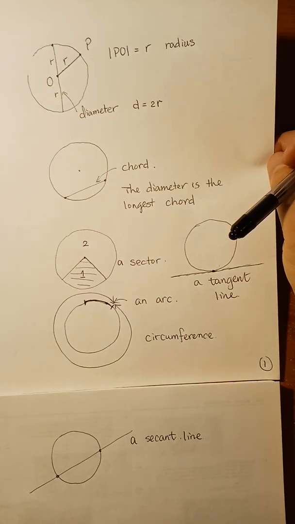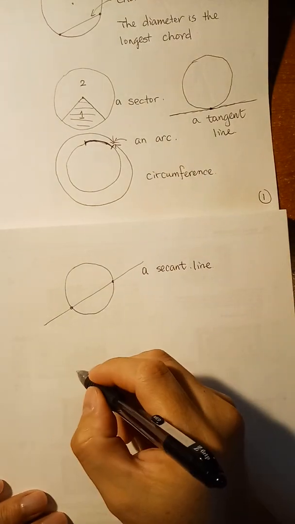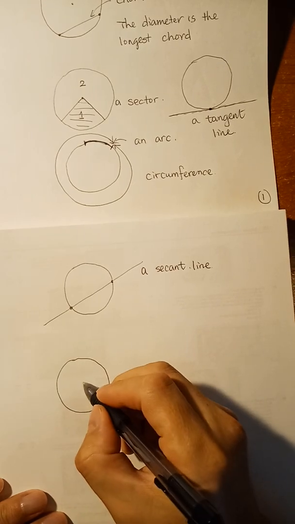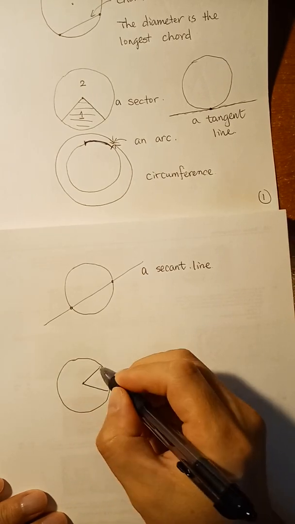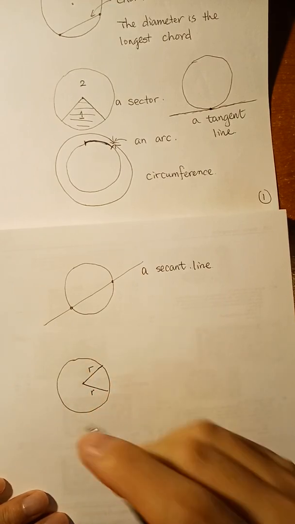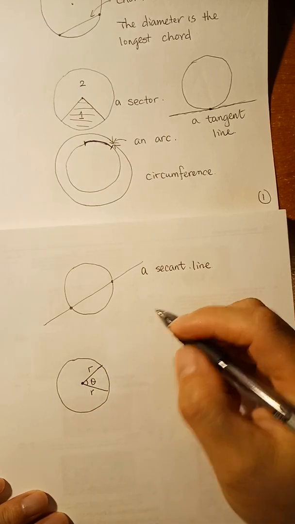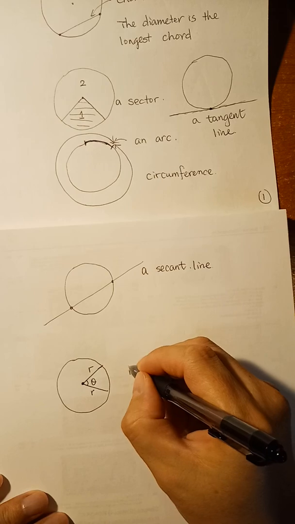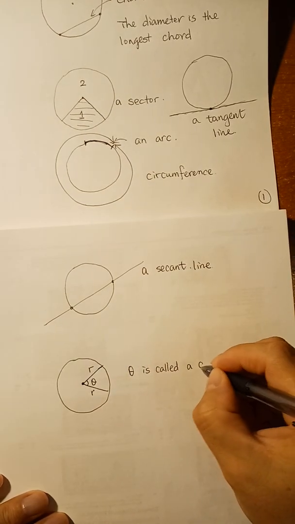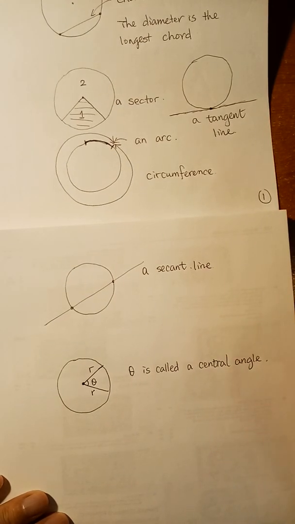Okay, now let's see. In the circle, we use two radii to form an angle. This angle theta is called a central angle.